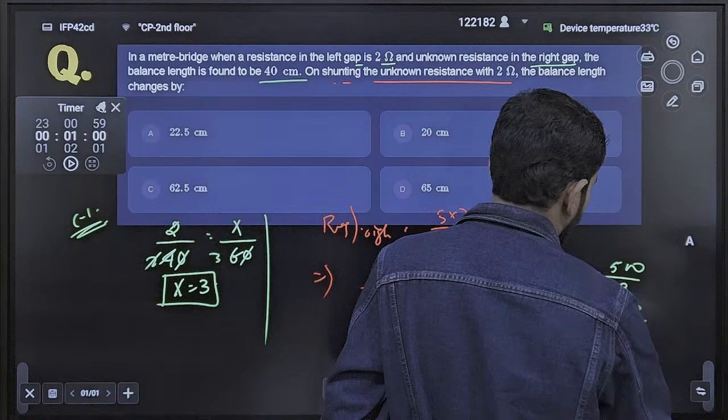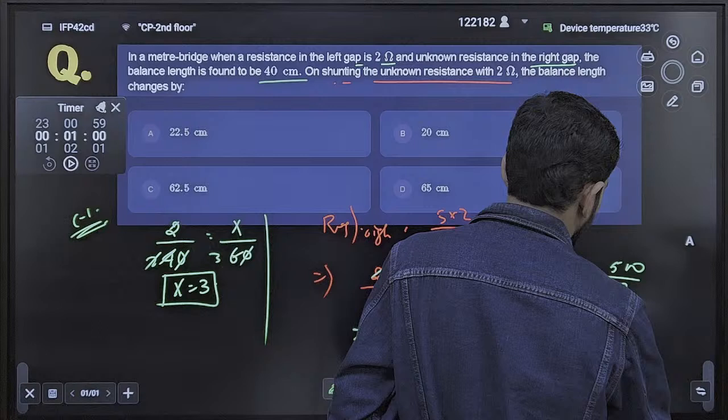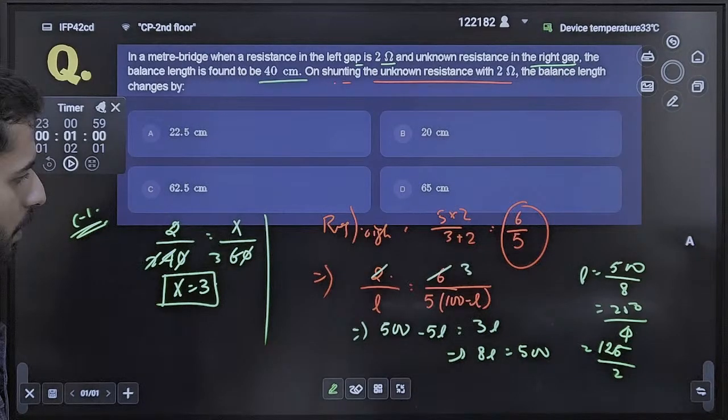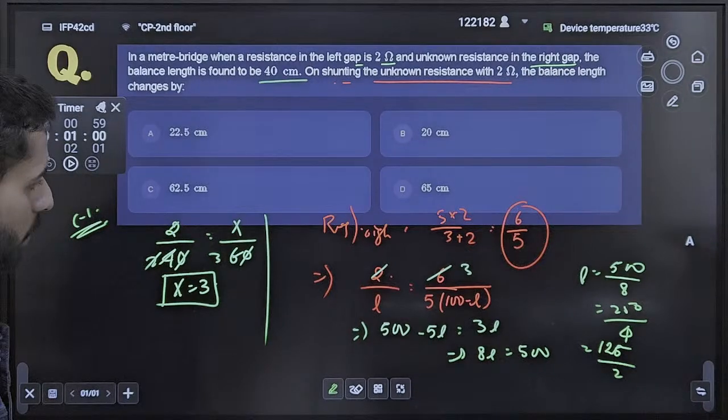If you are again dividing it by 2, it will be 125. 125 divided by 2, it will be coming as 62.5. Well, this answer is correct.